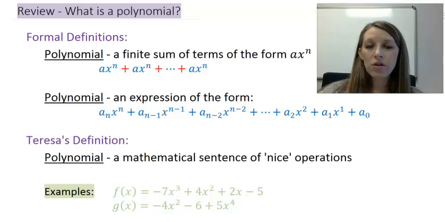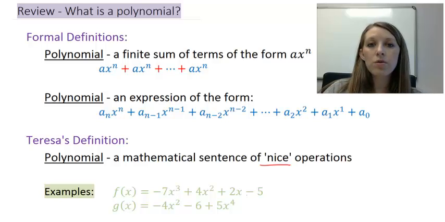So I have included all the definitions that I included earlier of what a polynomial function is, the two formal definitions provided by the book, as well as my simplified definition, a mathematical sentence of nice operations. And by nice operations, I mean addition, subtraction, multiplication, and exponents.